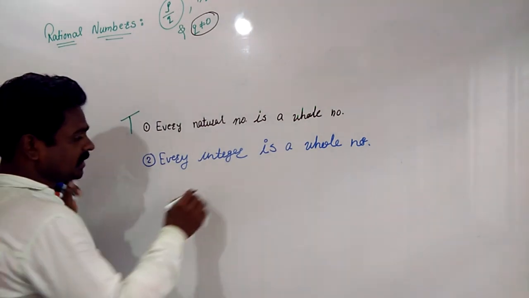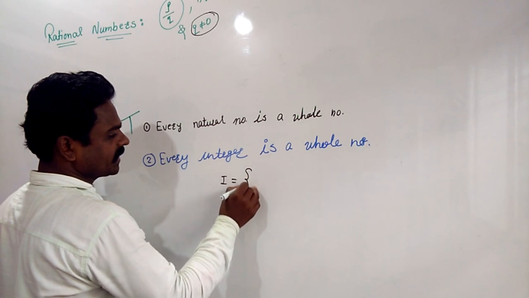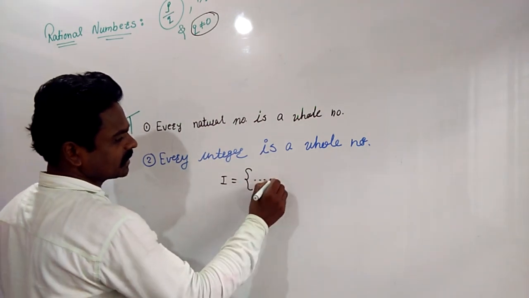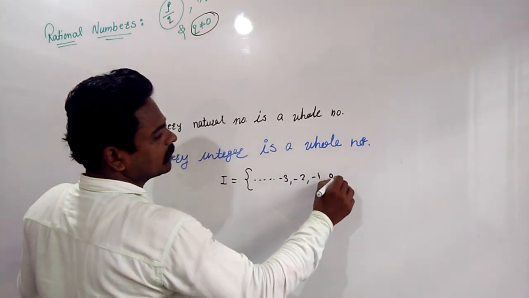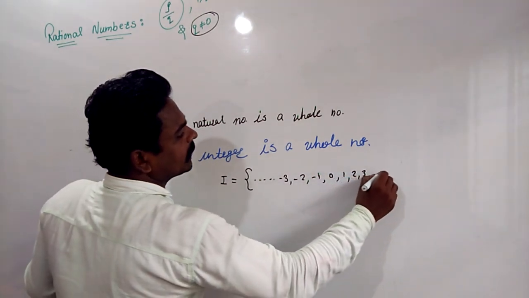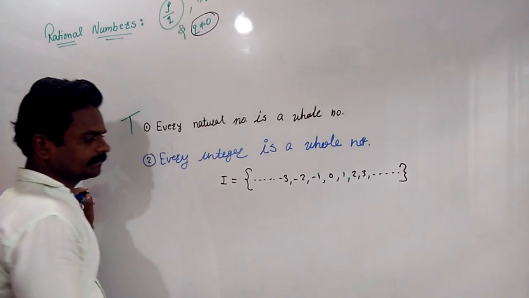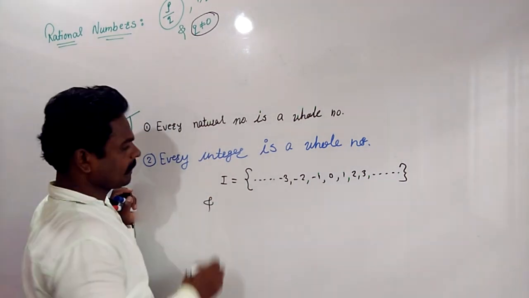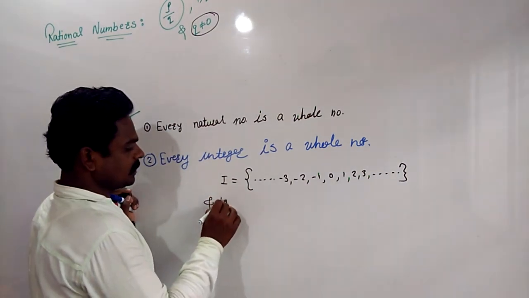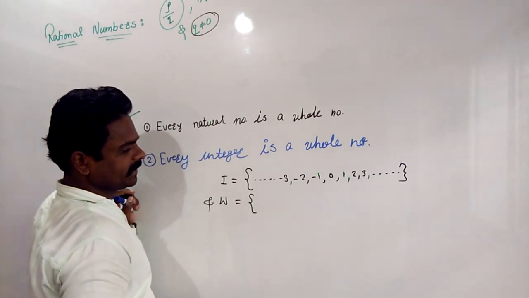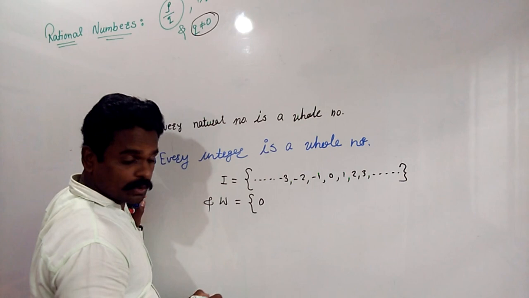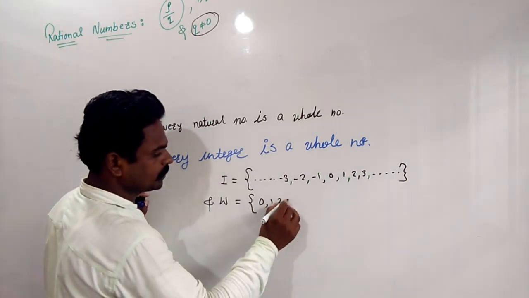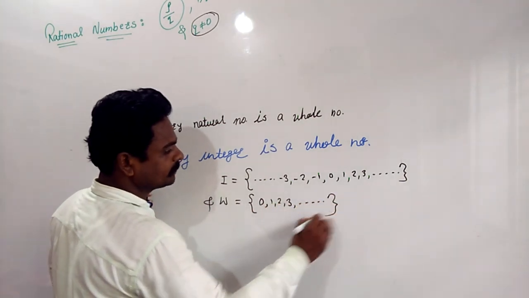The set of integers we can write in this way: ..., -3, -2, -1, 0, 1, 2, 3 and so on. And whole numbers, this W, can be written in this way: it starts from 0, 1, 2, 3 and so on.